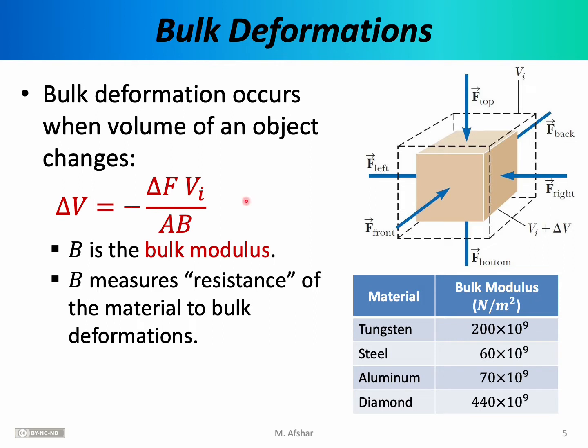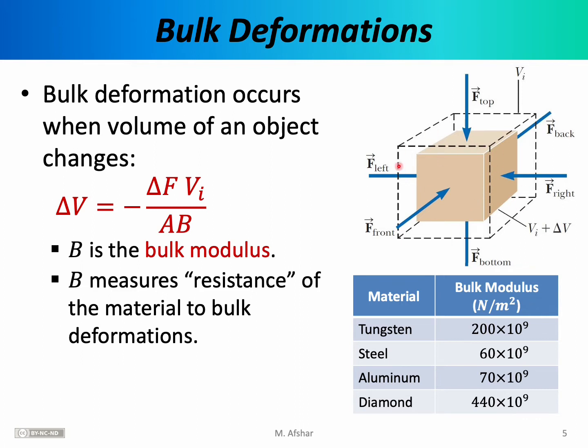The other subtlety in this formula is that what we have here is not just F, but the change in force. It turns out under normal circumstances, any object on planet Earth is always subject to atmospheric pressure. So atmospheric pressure is constantly applying a force to every object on planet Earth. So every object on planet Earth, even as they sit there without any additional applied forces, they are already somewhat deformed in response to atmospheric forces.